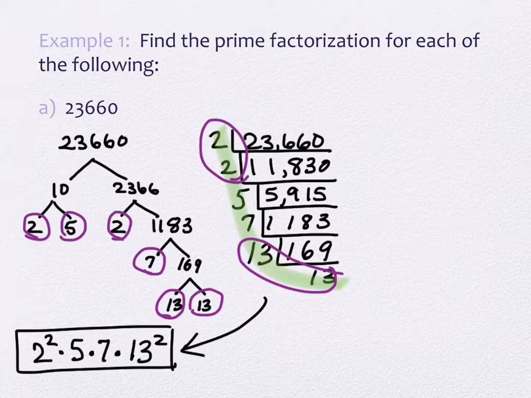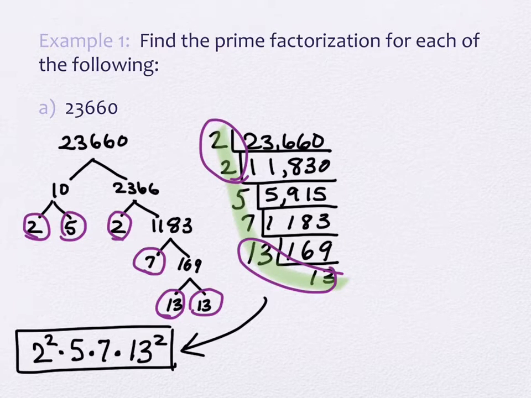So I liken the factor tree to my bubble thinking, and this division algorithm thing going on here on the right-hand side to outlining. And I think like the outline, that's how my brain works. And so to me, it's very appealing, and I like to cling to that one. But it's also good just for you to know, because you're going to have people who think both ways if you end up teaching this material to students, right? Yeah, you are. So a couple options for thinking about that.